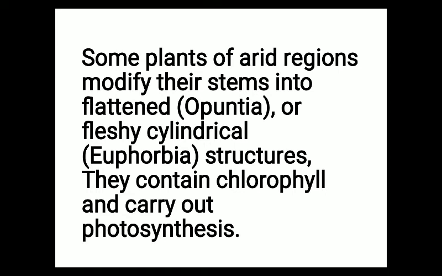Now some plants of arid regions modify their stems into flattened or fleshy cylindrical structures. They contain chlorophyll and carry out photosynthesis. So this is the next modification of stem, where the stem gets modified to perform photosynthesis.